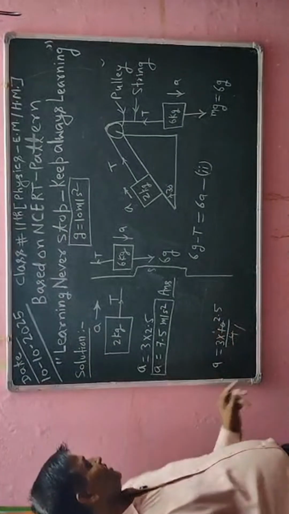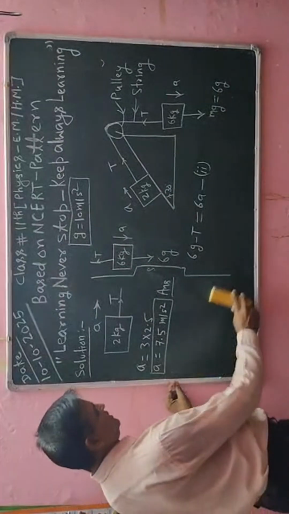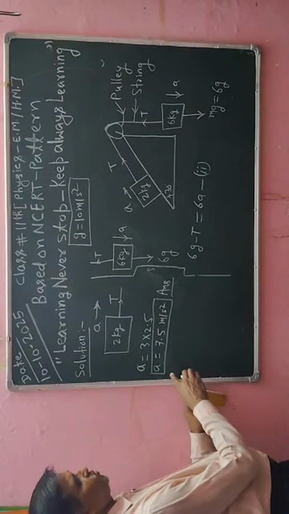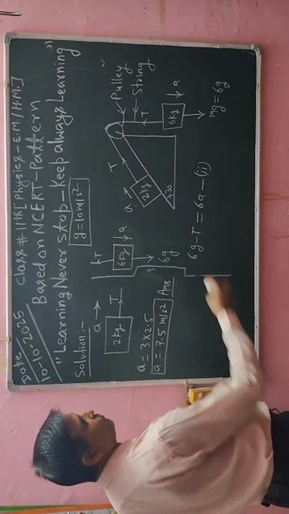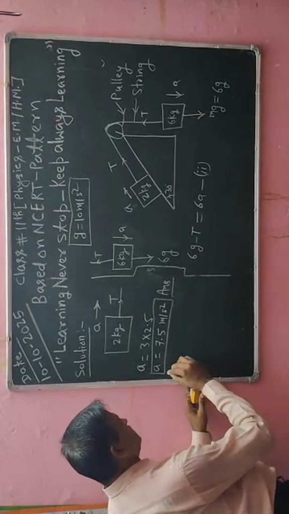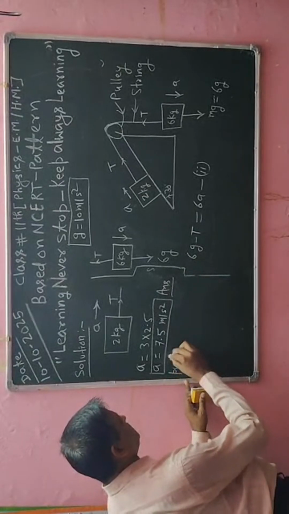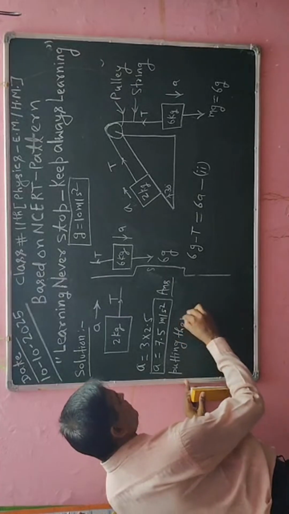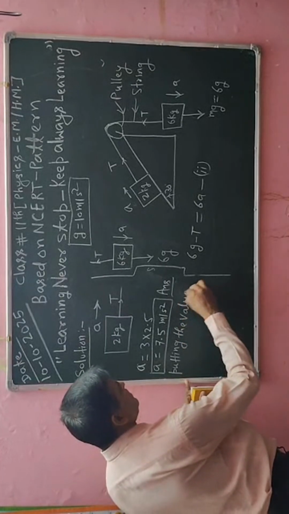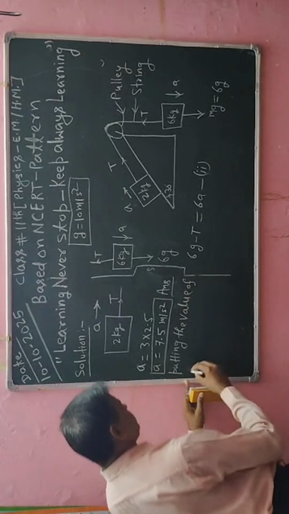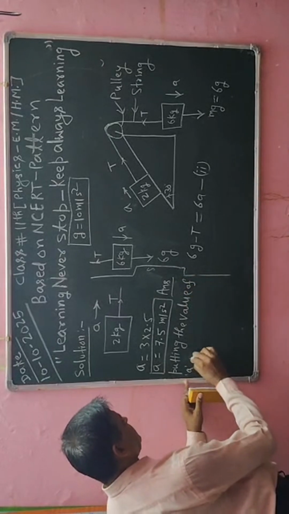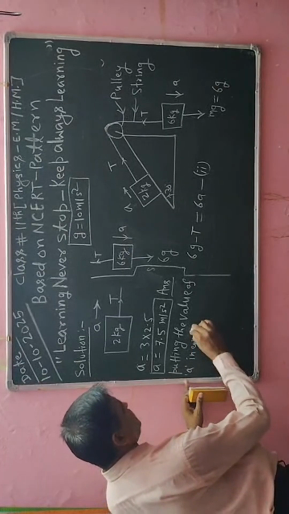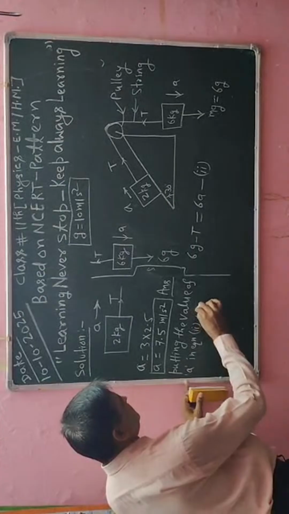Okay, student. So further here I will erase, and after erasing I will write one statement. That statement will be: putting the value of A in equation 2 we get.